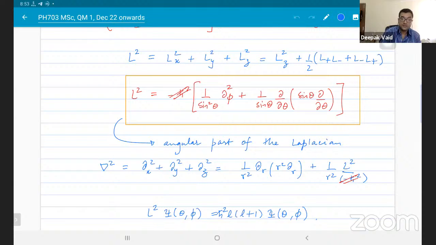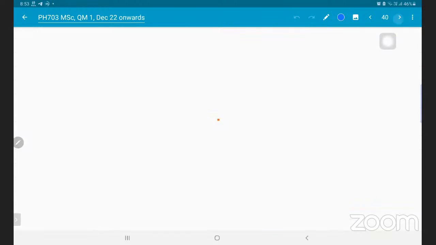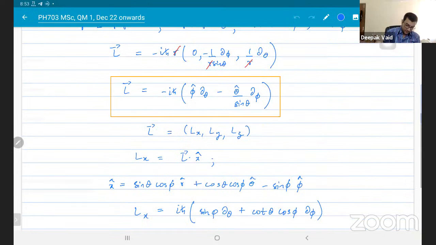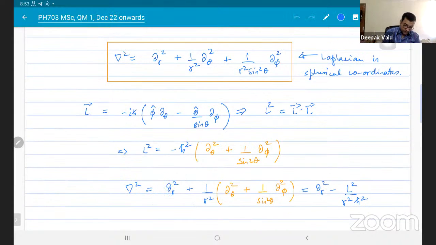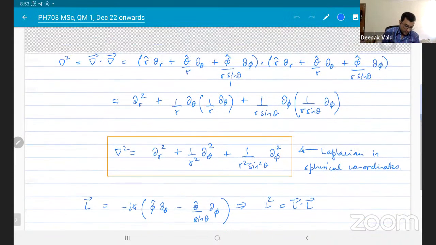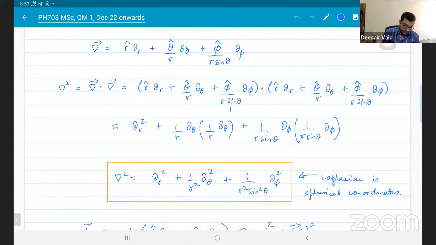Yeah, one second. I made one mistake somewhere, right? When I derived this del squared, I got something wrong here. What mistake did I make? Tell me.